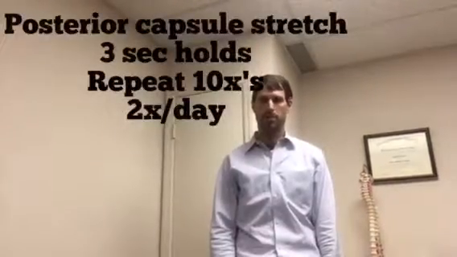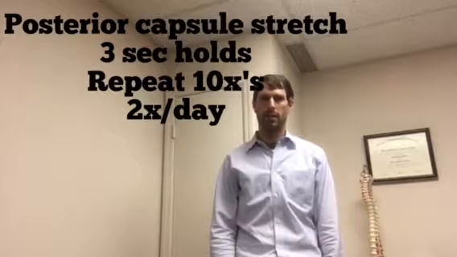The second flexibility exercise I'm going to show you today is what we call a posterior capsule stretch, but really a cross-arm body stretch, because we're trying to stretch the back of the shoulder a little bit. What you're going to do, you're going to bring your painful arm up, take your good hand, pull the elbow, and bring it up almost like you're trying to strangle yourself.